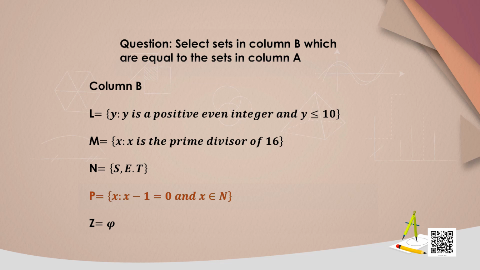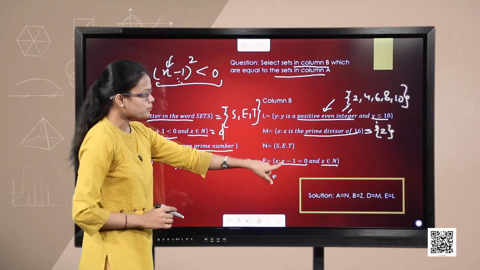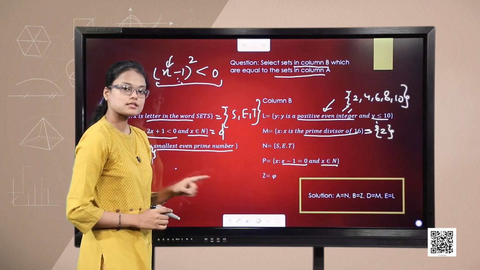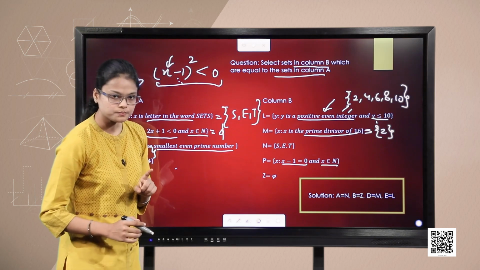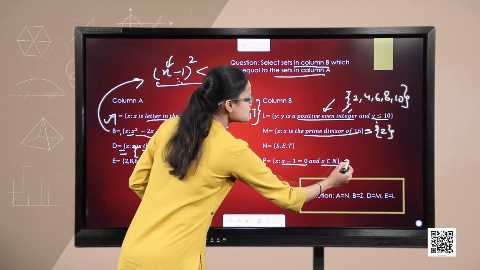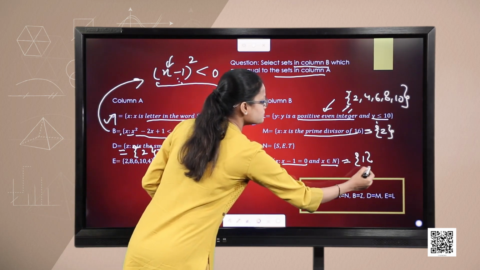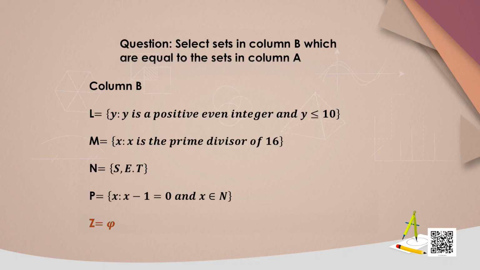And what kind of solution? Natural solutions. And we know on solving it that it consists of only one element which is 1. And Z is an empty set ϕ.